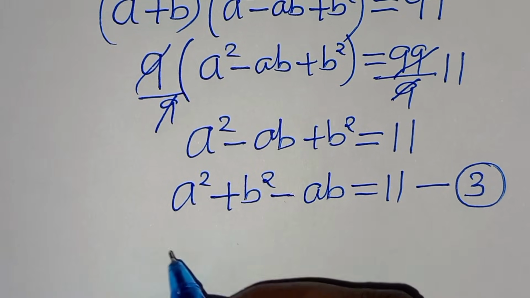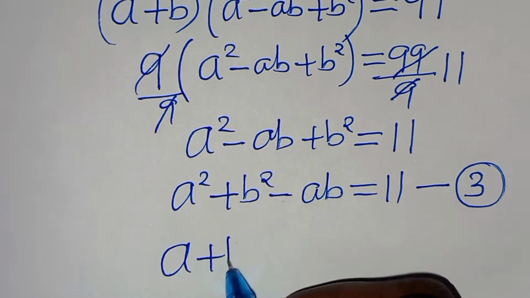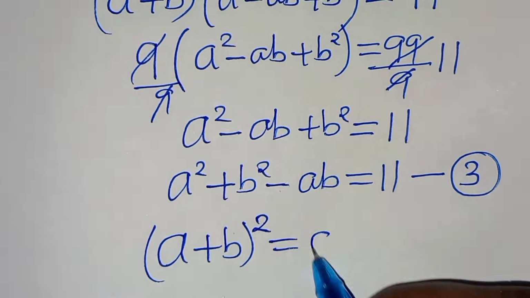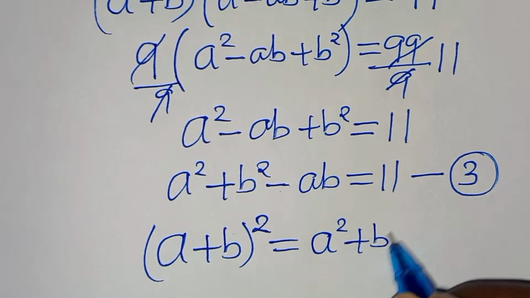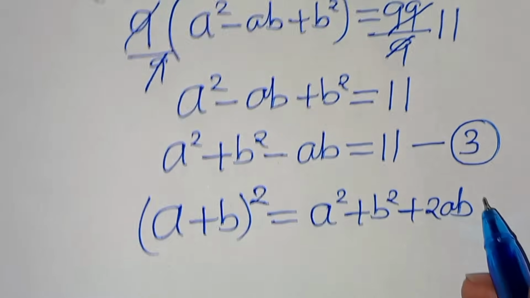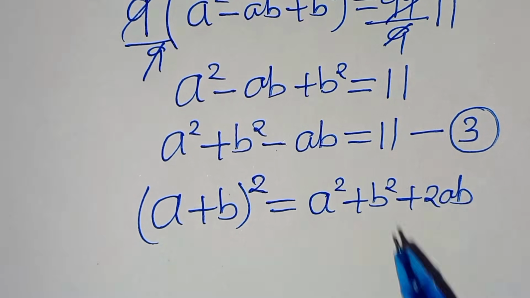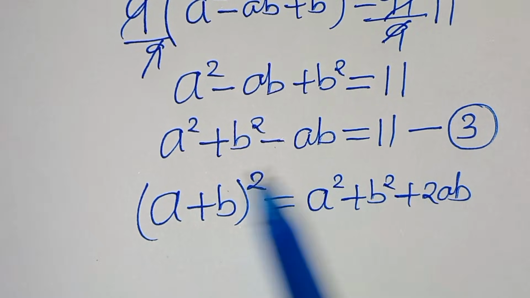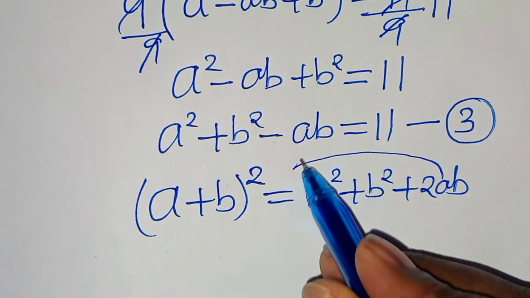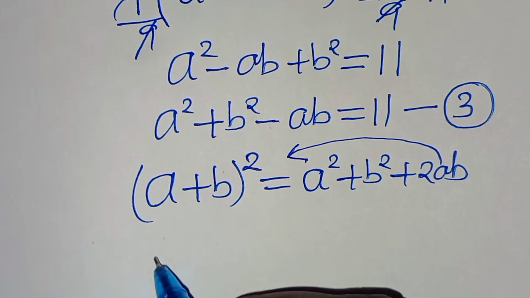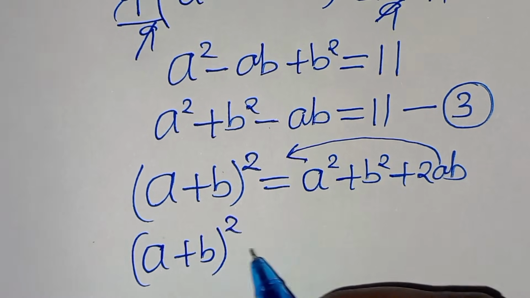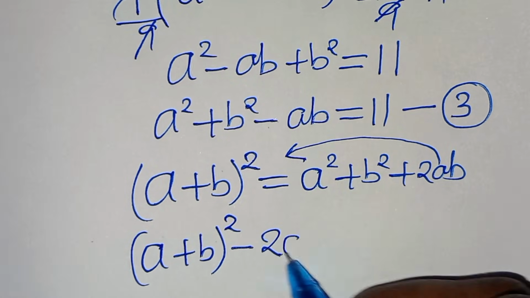The next step is that we have a plus b raised to the power of 2. This is the same thing as a squared plus b squared plus 2ab. This is an algebraic identity. So let's take plus 2ab to the left hand side, so that now we have a plus b raised to the power of 2, then subtract 2ab.